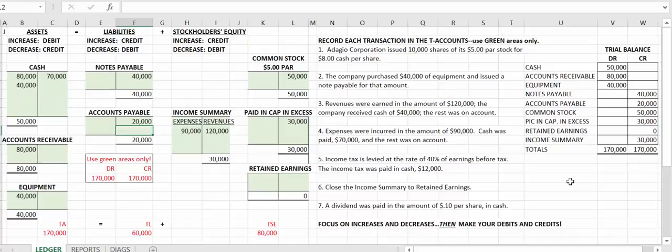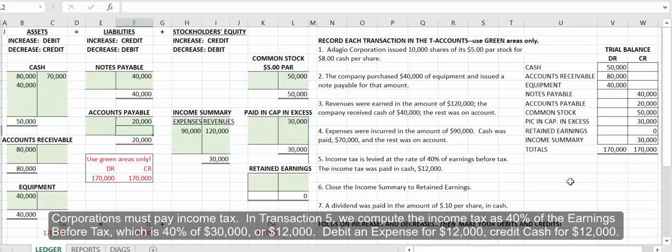Looks good. Now, one of the things about a corporation is that a corporation must pay income tax, and in this case, they pay it based on the earnings before taxes. If you look at your income summary, you can see the net income. Here's the net income so far. It's $30,000. And in transaction 5, we're going to pay tax on that income at the rate of 40%.